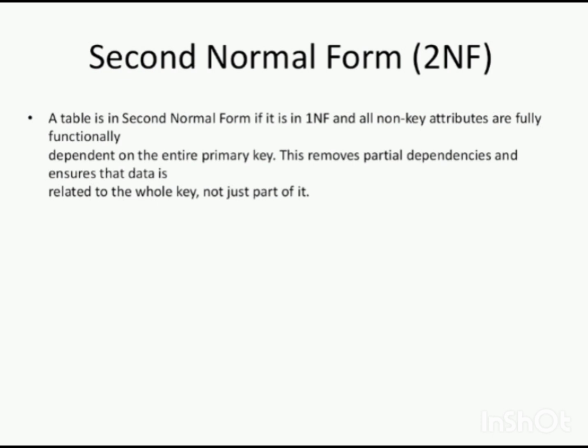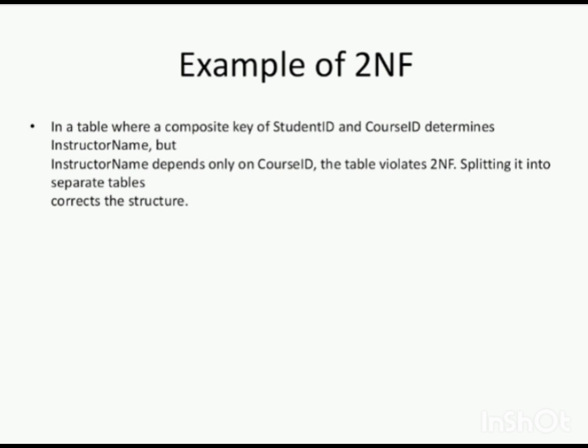It removes partial dependencies and ensures the data relates to the whole key, not just a part of it. For example, in a table where a composite key of student ID and course ID determines instructor name, but the instructor name depends only on course ID, the table is split into separate tables to correct the structure.